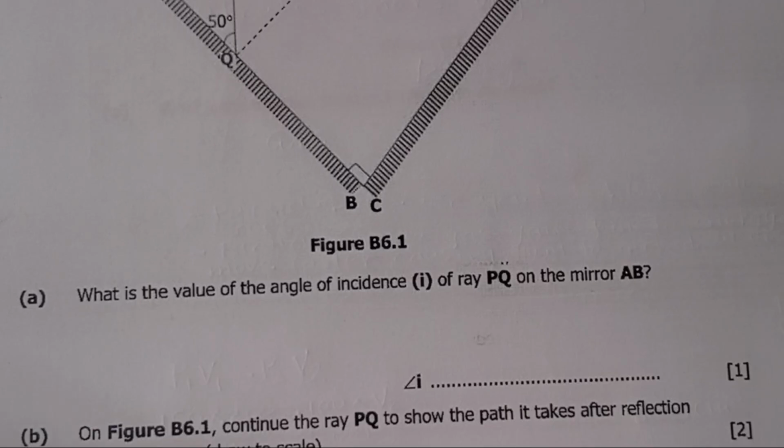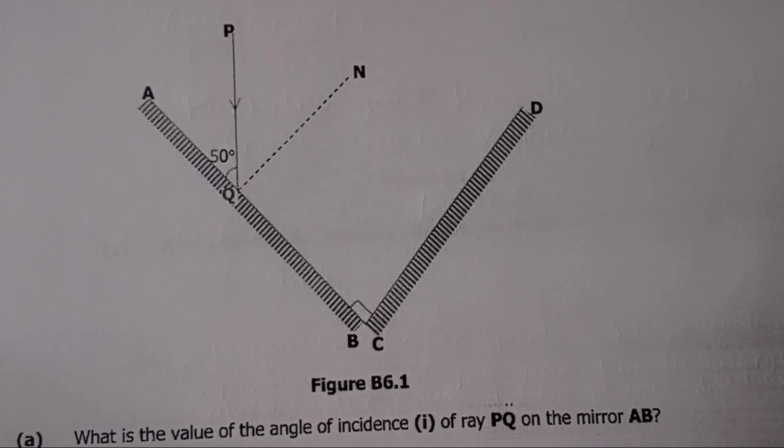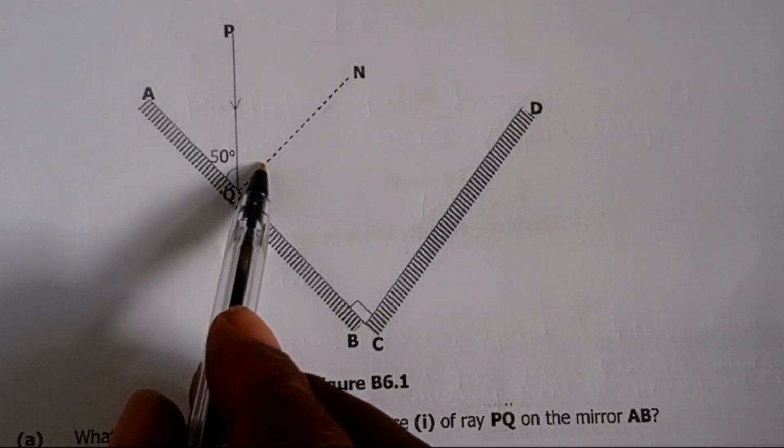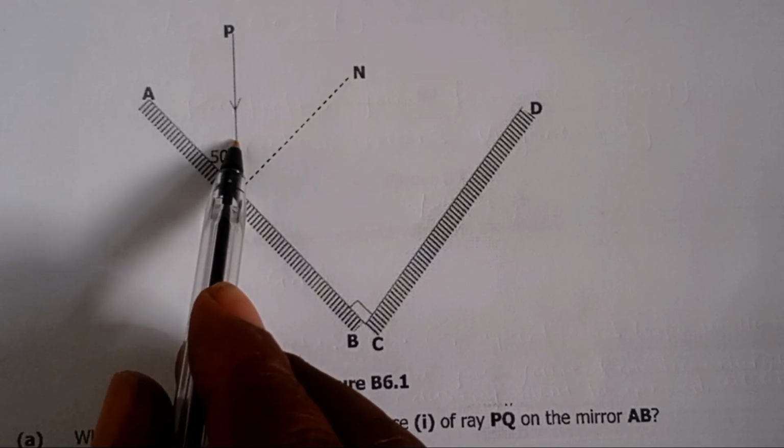Part A. What is the value of the angle of incidence I of ray PQ on the mirror AB? You should understand that the angle of incidence is the angle between the normal and the incident ray.